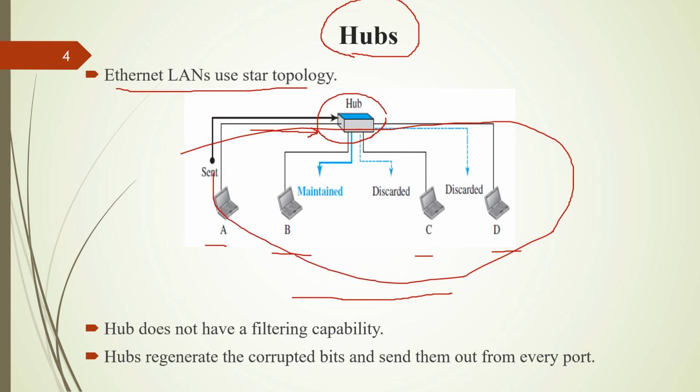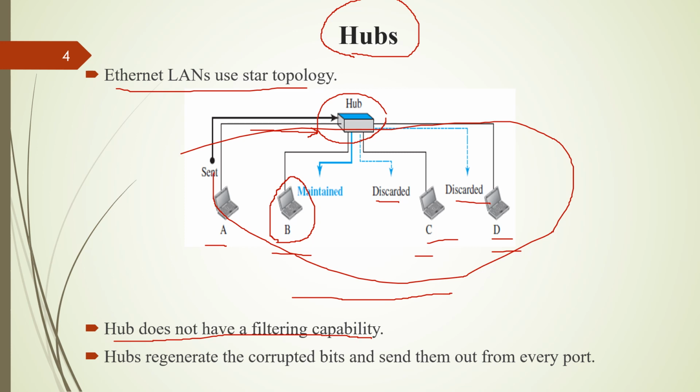Based on the destination address, station B will identify that station A has sent the data to it. It will retain that data, whereas station C and station D will discard the data. In other words, a hub does not have filtering capability.